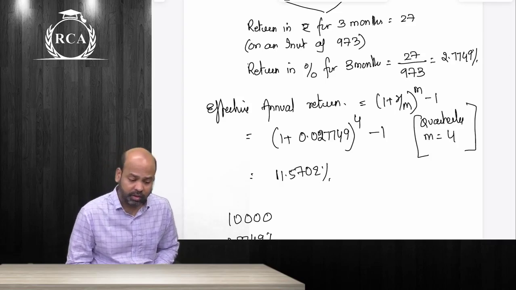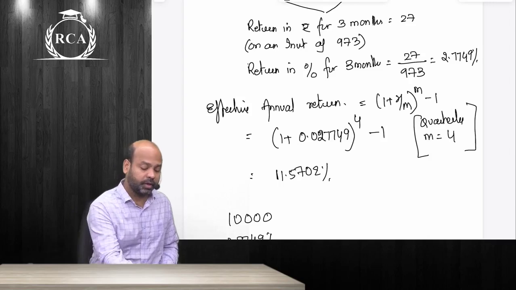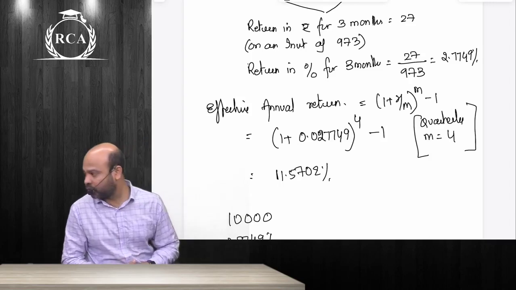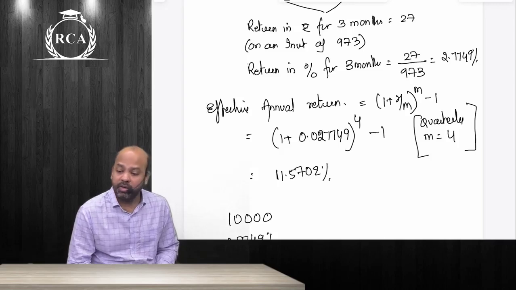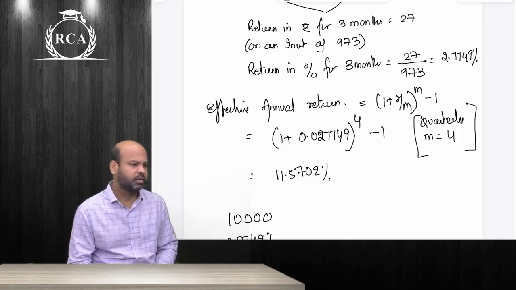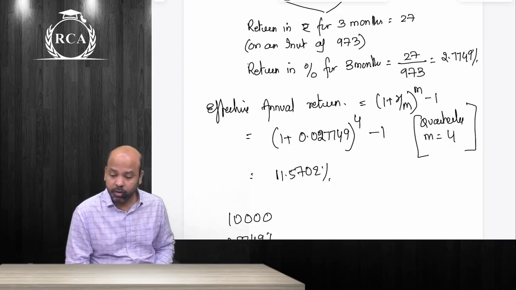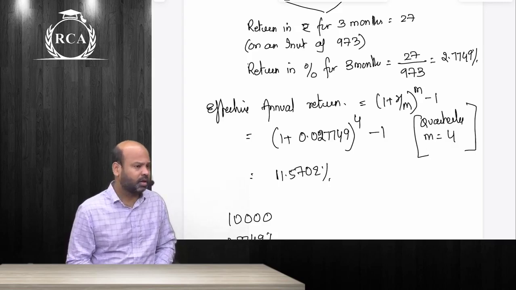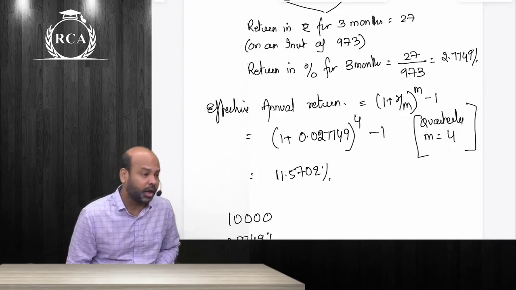In the given case, as the bond is trading at par value, YTM will be equal to coupon rate.